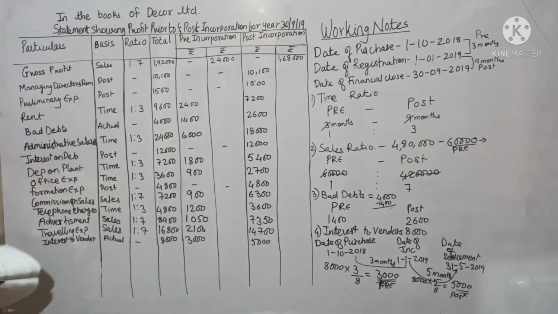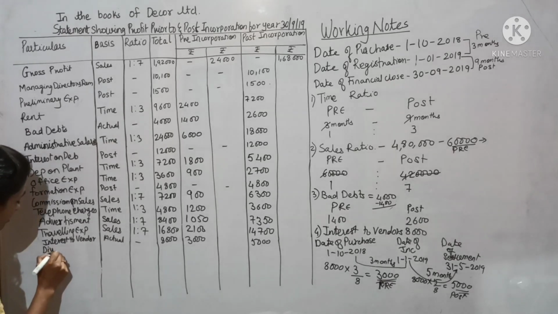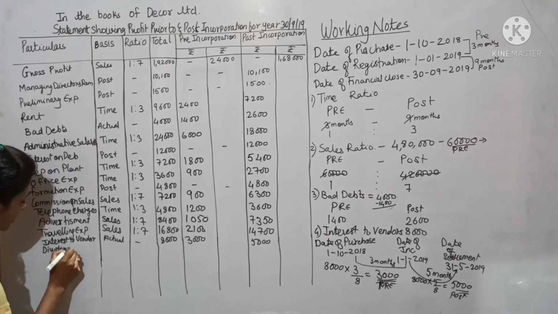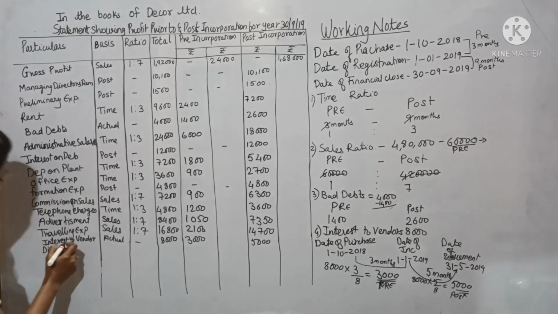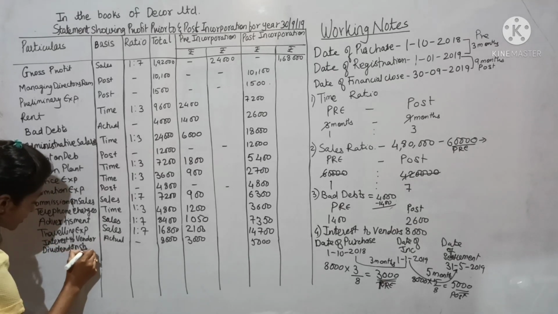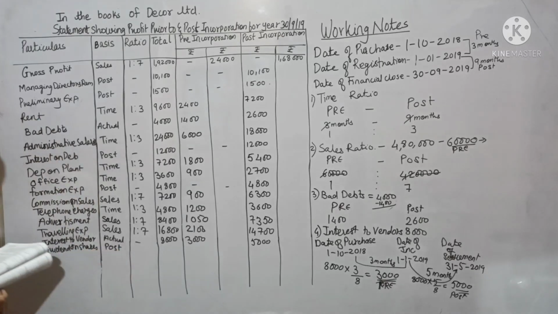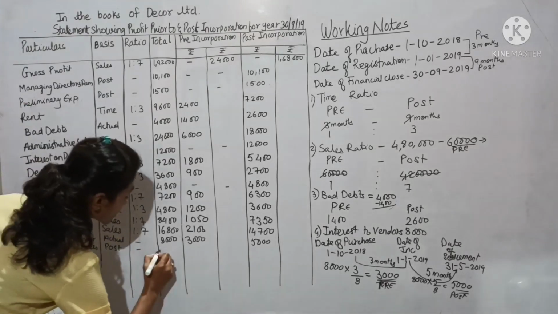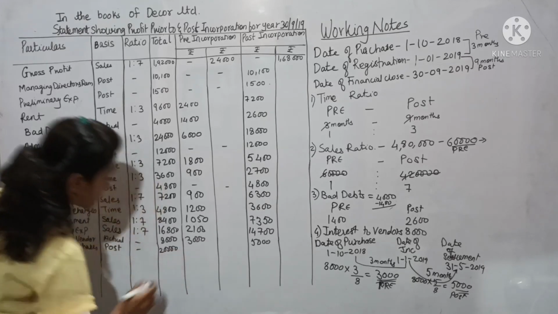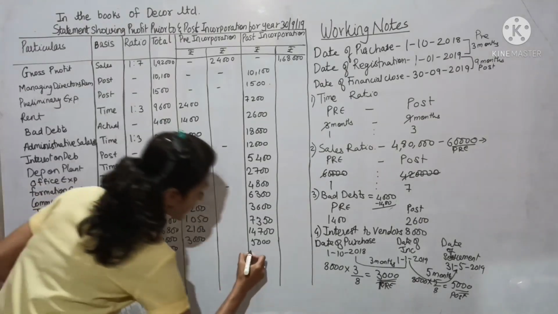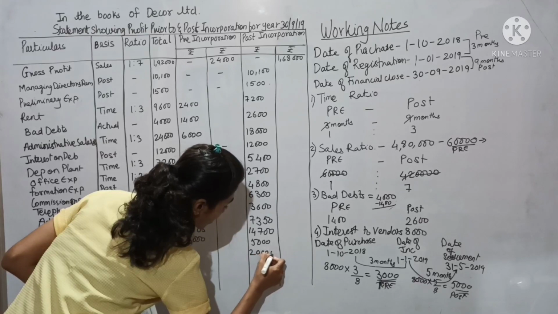And last, after interest to vendor, we have dividend on share. This entry we have to give on the basis of post-incorporation. So the total dividend is 20,000. Write it directly under post-incorporation.